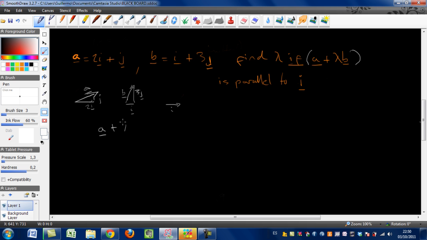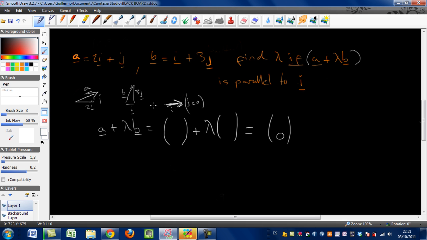So a plus lambda b is really going to look like the components of a, in the i and the j direction, plus lambda times the components of b, and that's going to have to be equal to a vector which is parallel to i, which means that the j component is 0. There's none of this vector in that direction, so the j component is equal to 0 if you have something parallel to i.